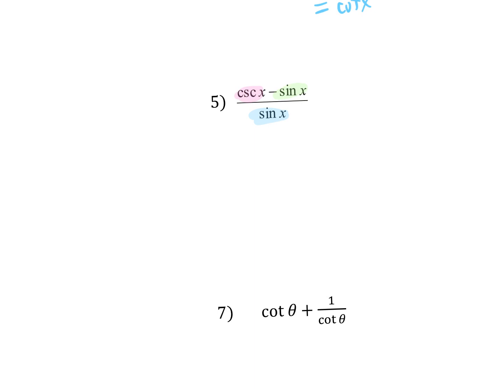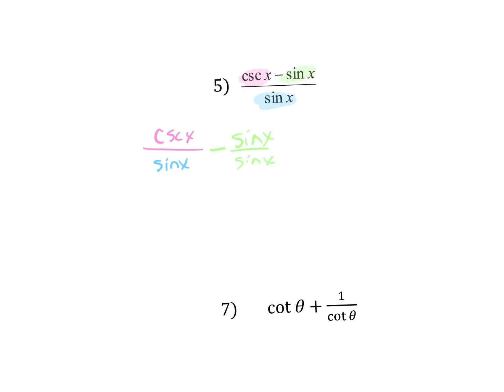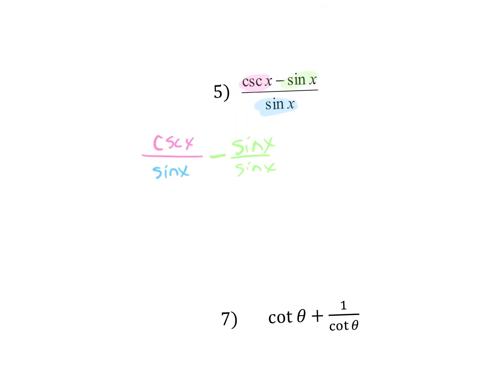So we can write this then as the cosecant of x over the sine of x minus the sine of x over the sine of x. So we still have to clean up a little bit there with the cosecant and the sine, but what's sine over sine equal to?